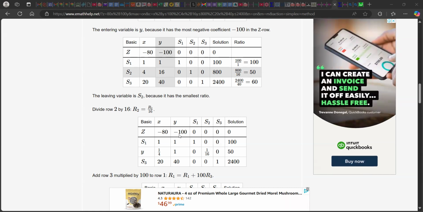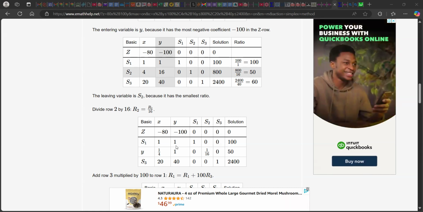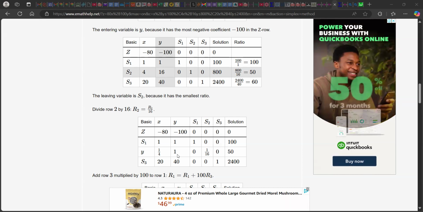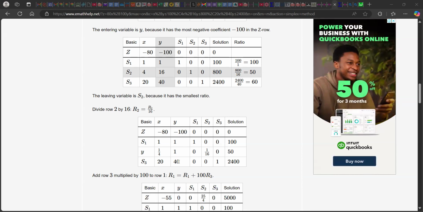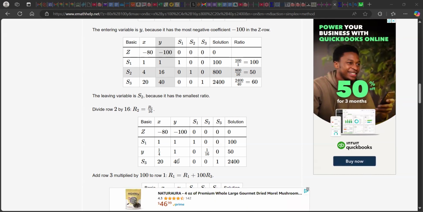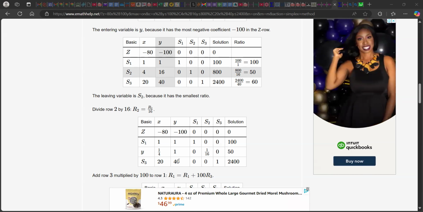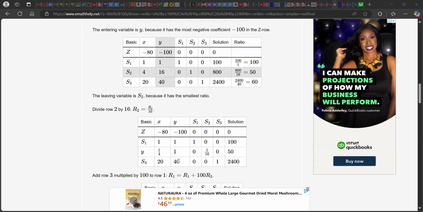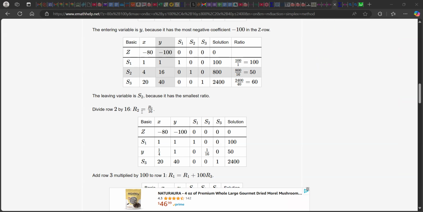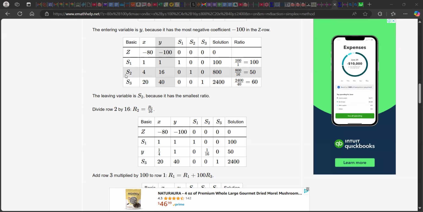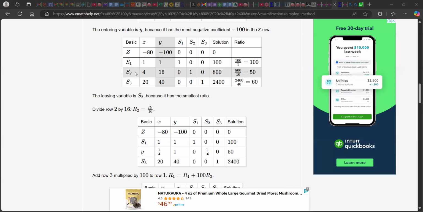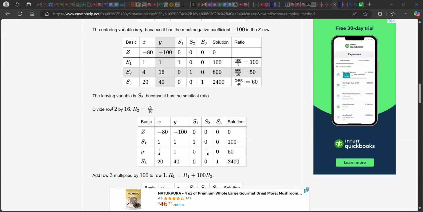Our next step now is to make this minus 100, the 1 above this one, and the 40 all become 0, right? To do that, you have to make use of what we call row operations. We did see one here where you took this row, the row they call row 2. Sometimes what they're saying here is kind of confusing.